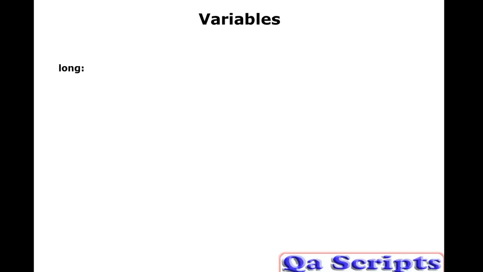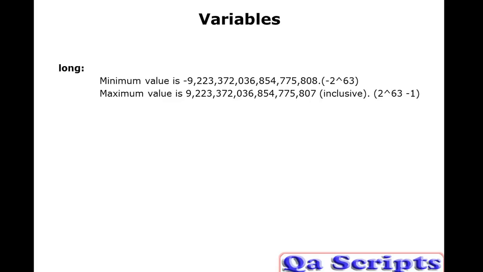There is another important data type, that is long. Here is a minimum and maximum range. Within that we can pass any numbers. This data type is used when a wider range is required than int.